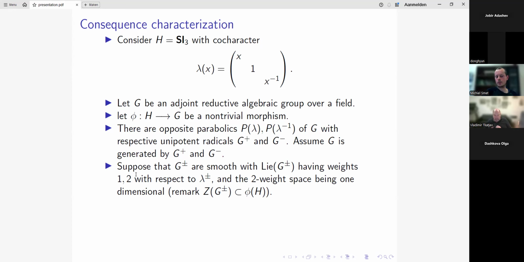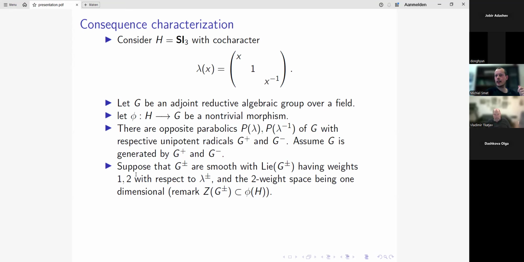Now, we need some assumptions on these groups G plus and G minus. The first assumption is that these are smooth. This more or less says that the Lie algebra of G contains enough information about the algebraic group G plus and the algebraic group G minus. And this is what the smoothness assumption does. And we assume that these have weights 1 and 2 with respect to this co-character. So what do I mean by that?